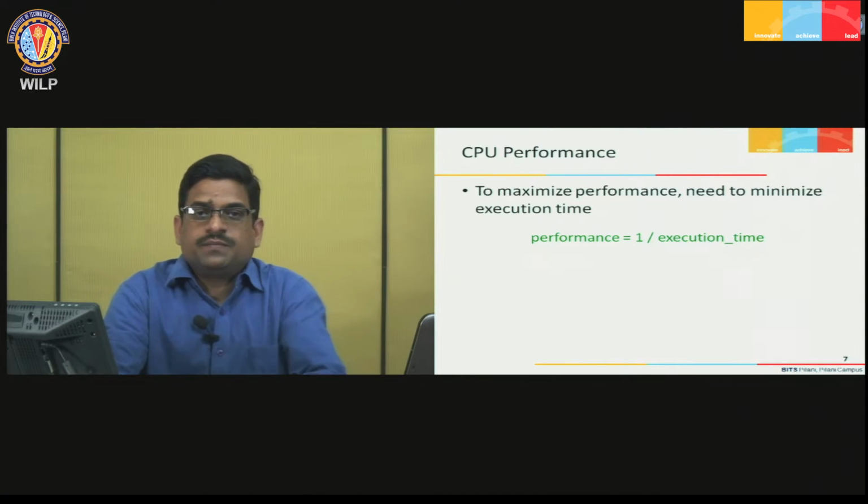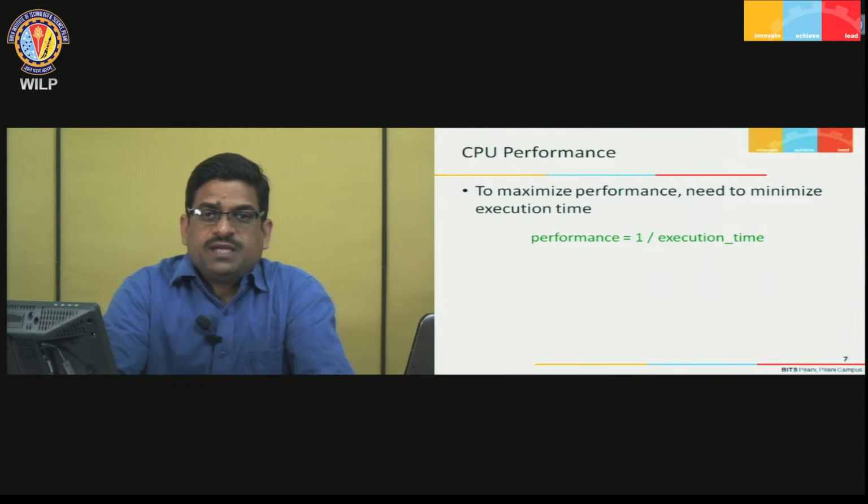So my performance equation is that performance is inversely proportional to execution time. Let us say there is a constant to remove the proportionality, and the constant is 1. So in that case, performance equals 1 upon execution time. The less the execution time, the more the performance.